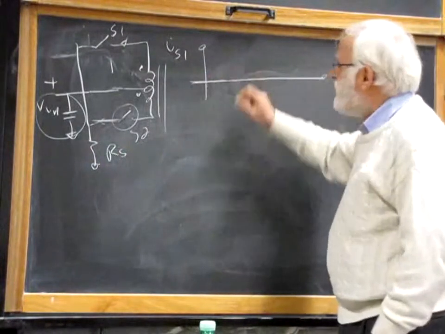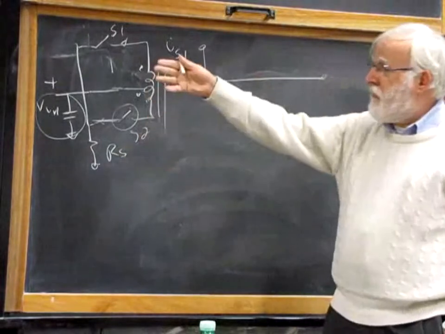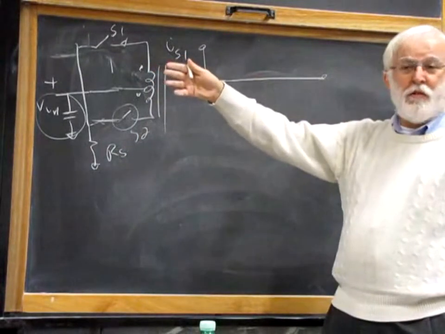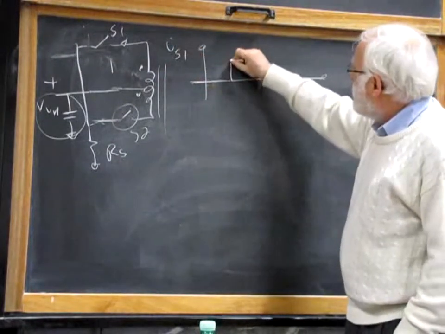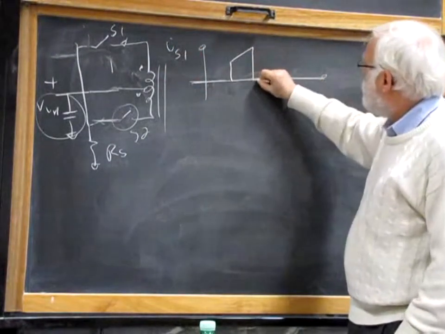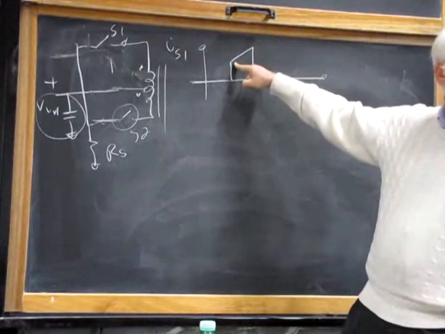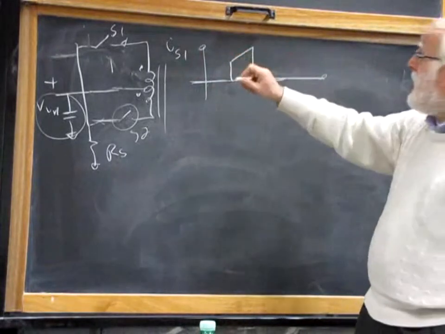IS1 has a shape that is exactly the current on the secondary side during T on moved to the primary side. So it will be something like this. Here's the secondary current during T on moved to the primary side.